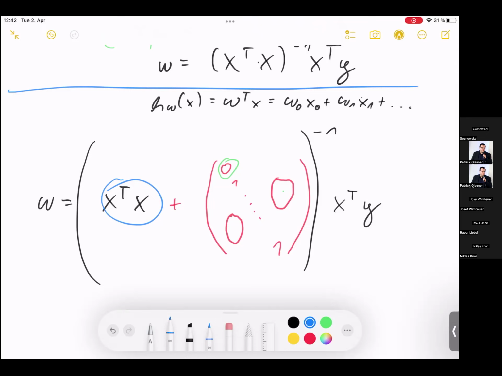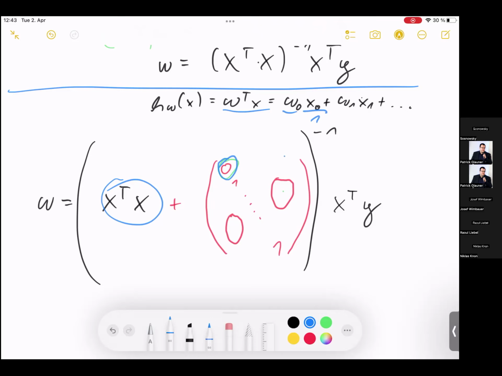And I always assumed that this x0 is 1, so I simply have my y-intercept here, and I can represent all of this as a product of the weight vector and the input vector. But this x0 and the y-intercept will not be contributing to this singularity, and I actually don't want to change the y-intercept, and that's why I'm putting a 0 here, and the rest of the diagonal are 1s, and all the other elements are 0. Like this, I make this matrix X transpose X non-singular, and I can invert it.